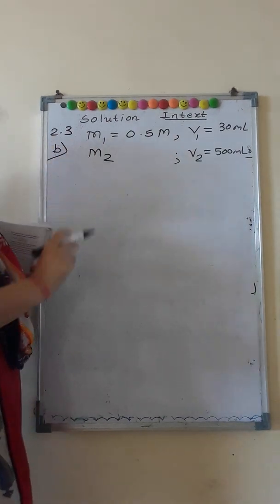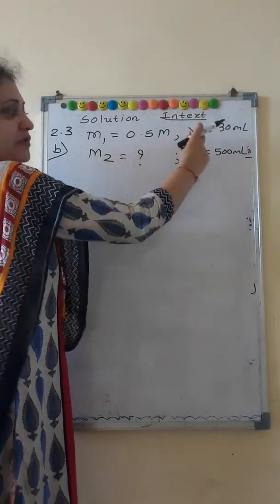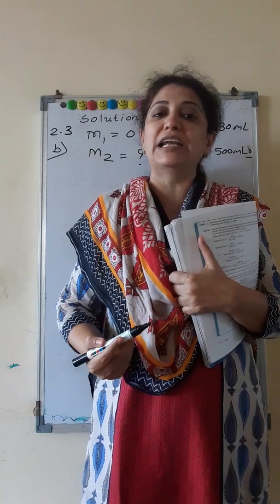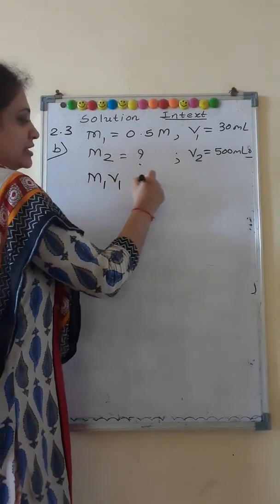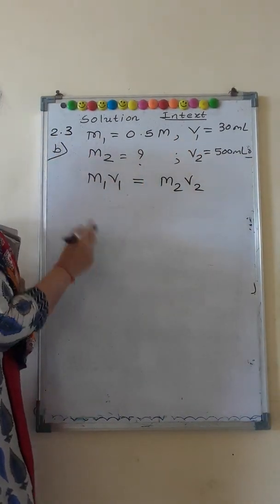This sum is 2.3b. So M1 and M2, V1 and V2. And we have to use the formula which we use in volumetric analysis. So it is M1 V1 is equal to M2 V2. M2 is unknown.